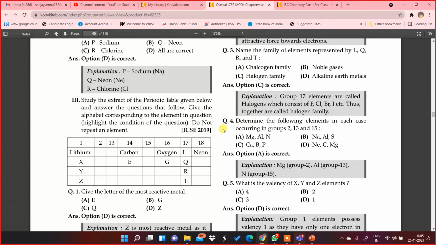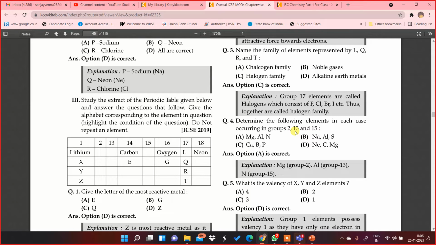Then question number 4. Determine the following elements in each case occurring in groups 2, 13 and 15. So in group 2, which element, group 13, which element, and group 15, which element. Group 2 can be magnesium or calcium.